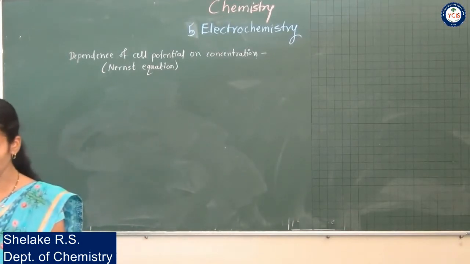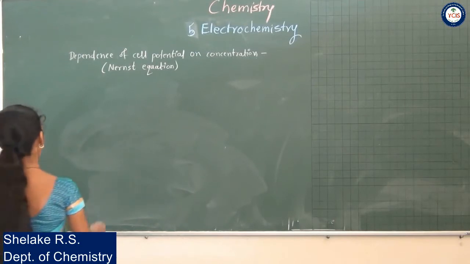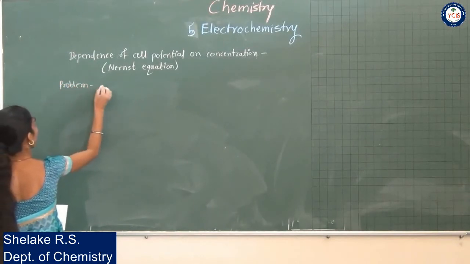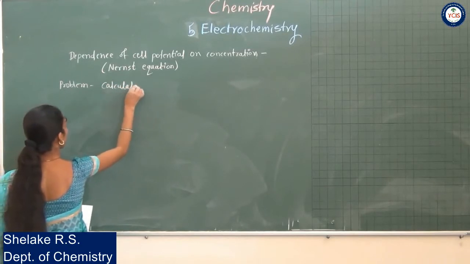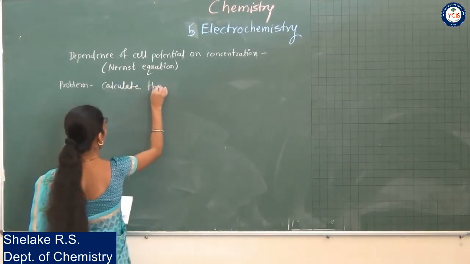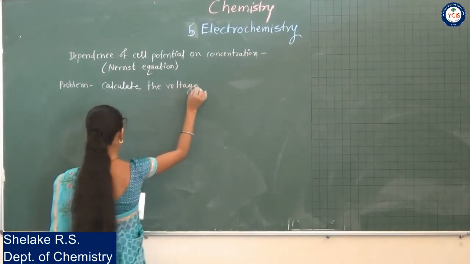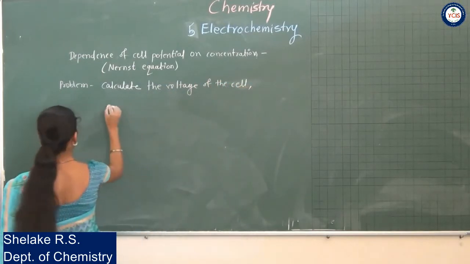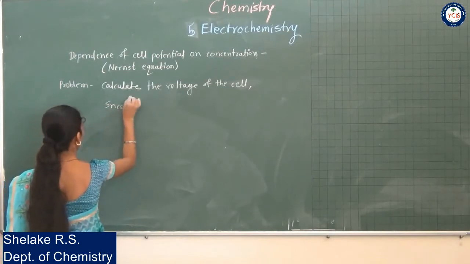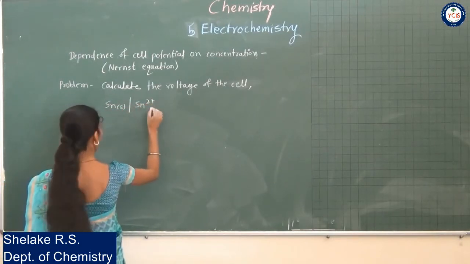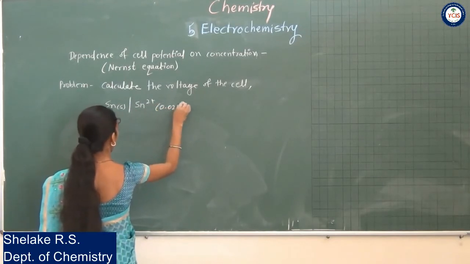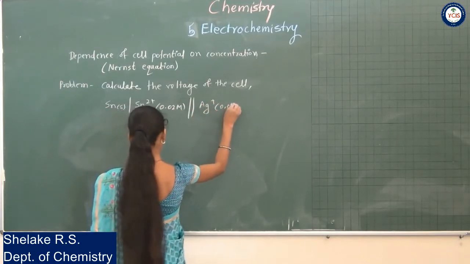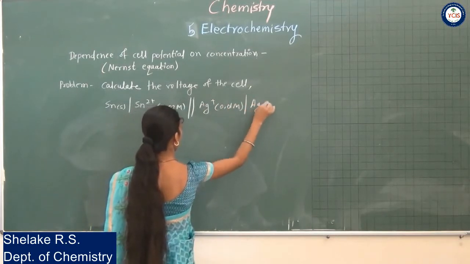Now depending on that, we'll see one problem. Calculate the voltage of the cell given: Sn2+ with concentration 0.02 molar, and Ag+ with 0.01 molar converted into Ag solid.